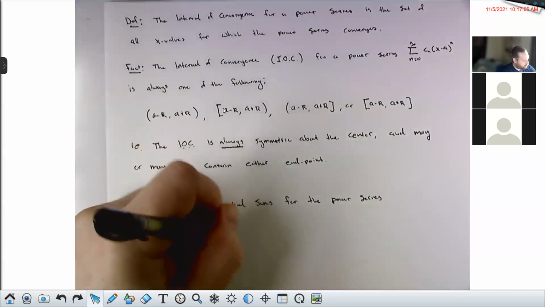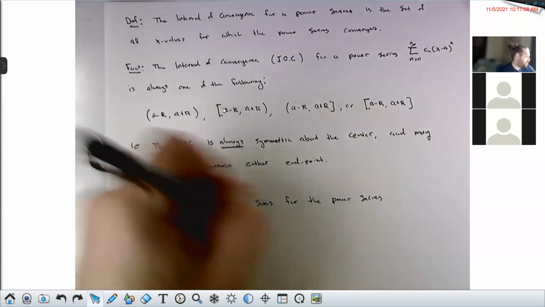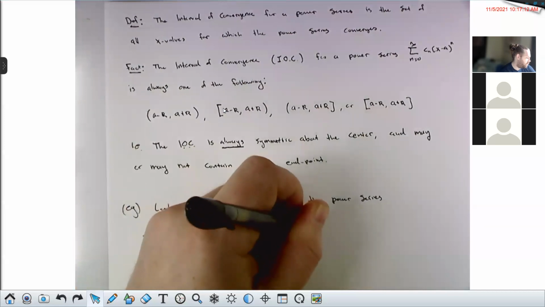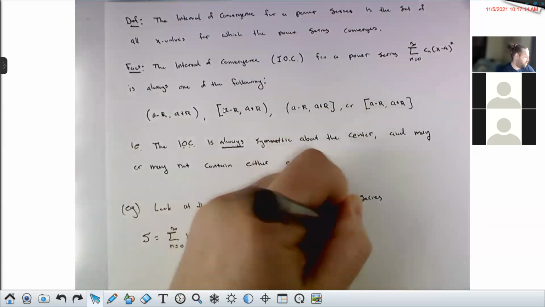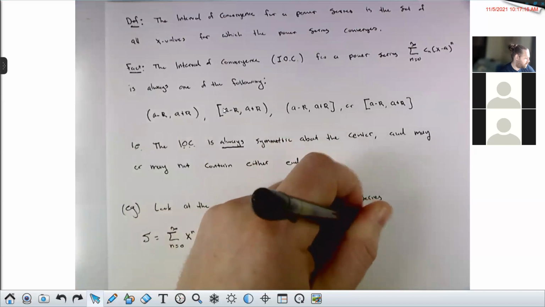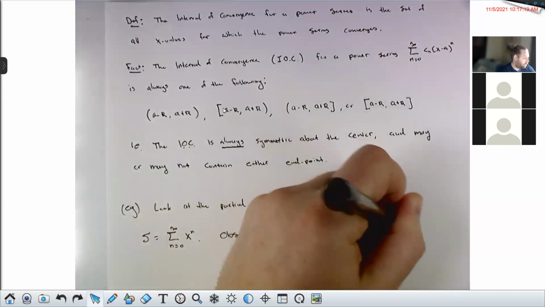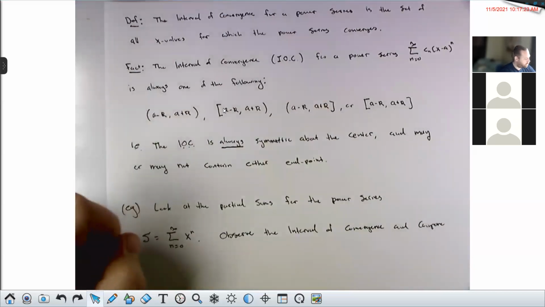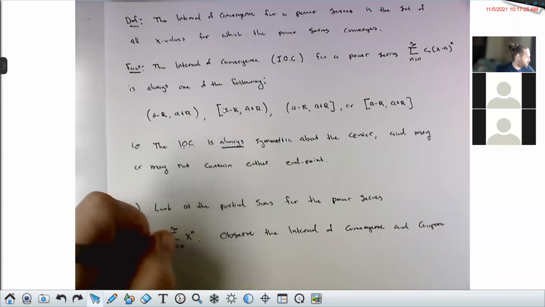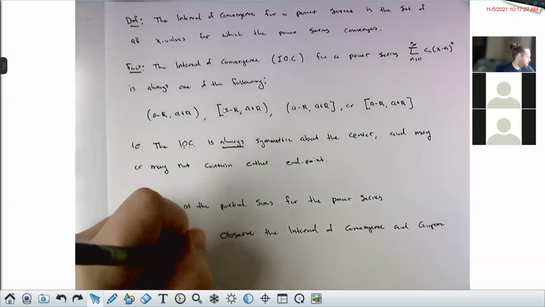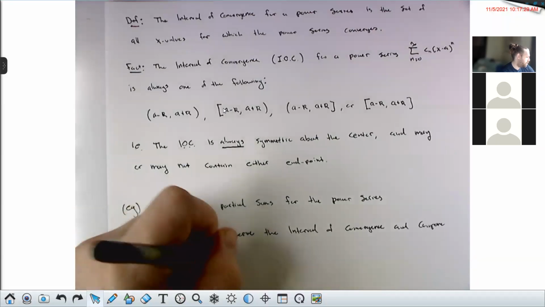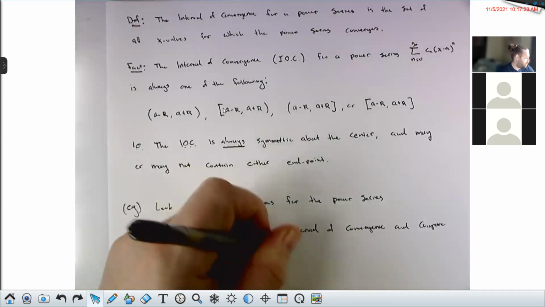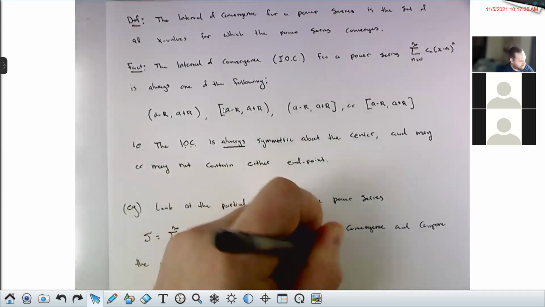And we will observe the interval of convergence and compare the partial sums to the value of the series.